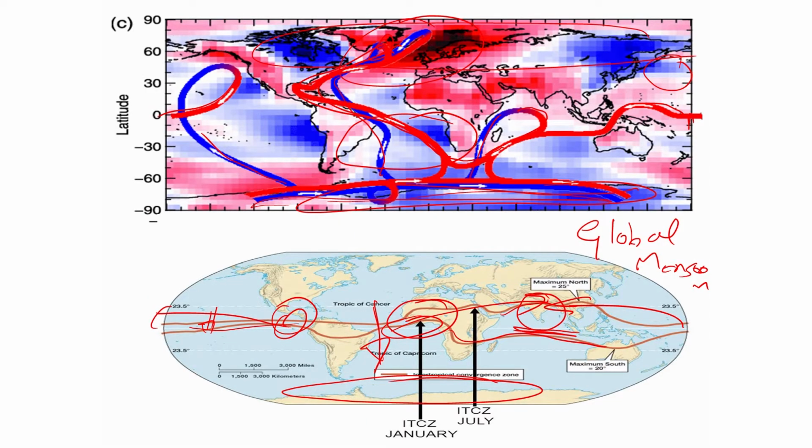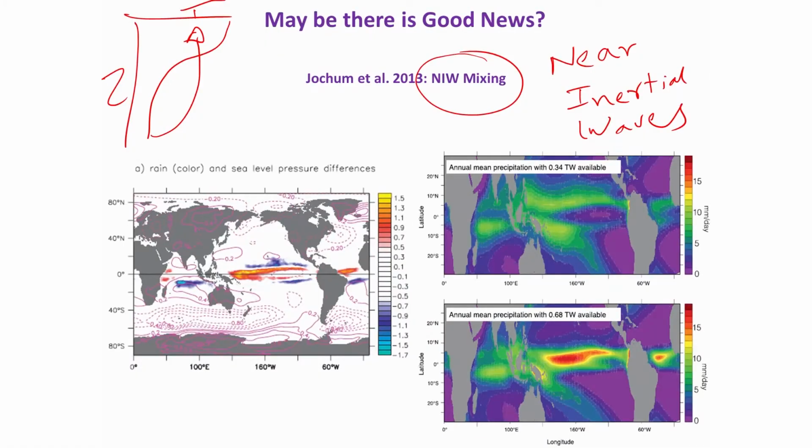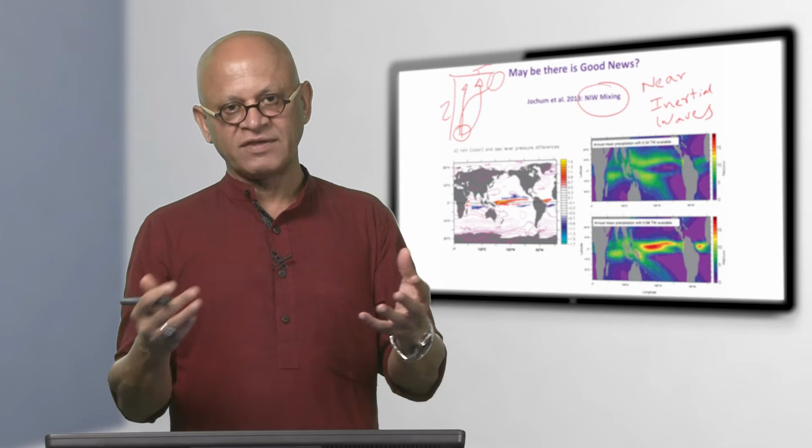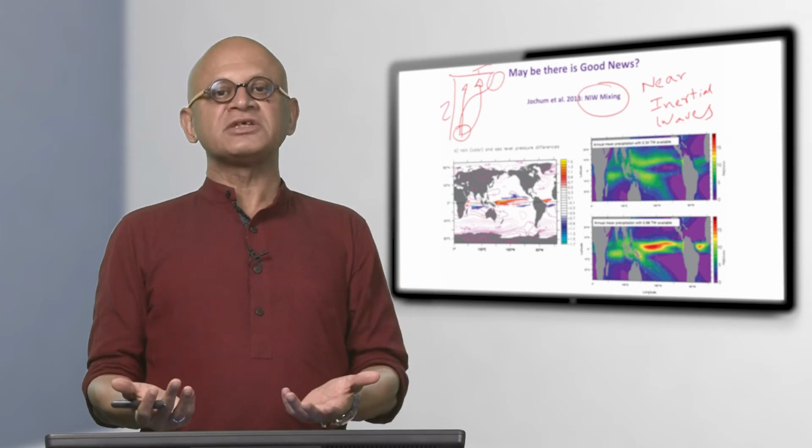We are saying cold heavy water is going in, and over hundreds and thousands of years it is getting converted back to surface water. If the system is so steady that cold, heavy water is sitting at the bottom and warm water is at the top, how would this water get converted? Because that takes a lot of energy, and some of that energy comes from this constant wind forcing of the waves.